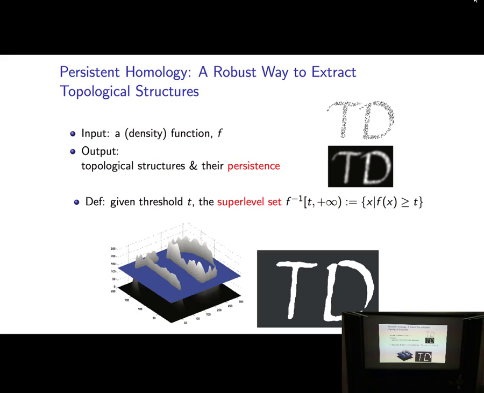And so we use the persistence, of course. What we do is we take the super level set, we put this image into 3D so that the height is exactly the intensity. And then we cut it at different thresholds. If I cut at one particular threshold, what's remaining is a super level set, right?